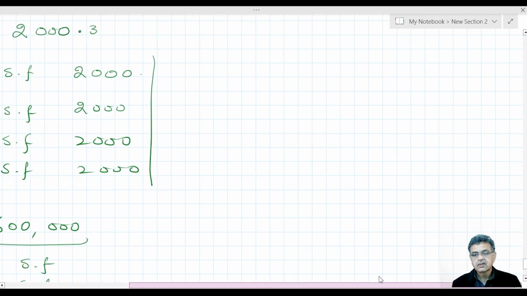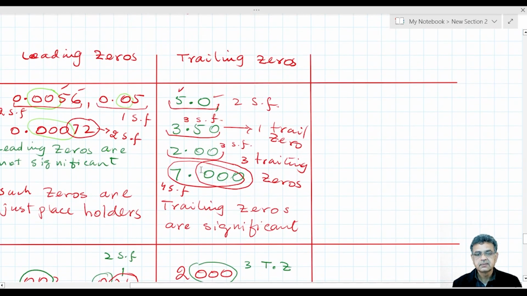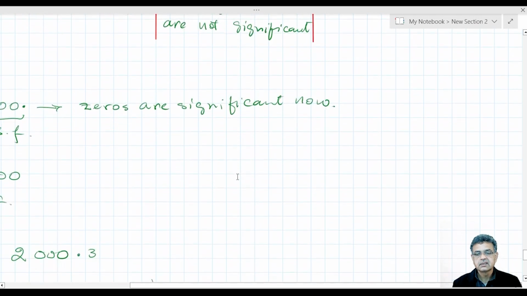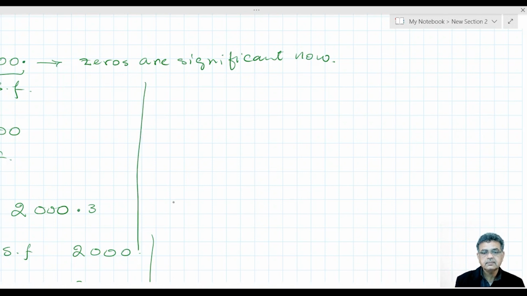Okay, now why are these trailing zeros significant? I will try to explain here. Let's say there is a measurement of 5 meters. We can write this 5 meters in different ways. Number one, we can write it as 5 meter.